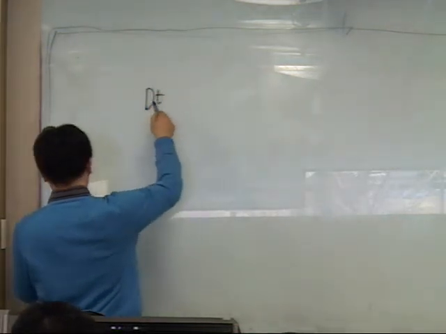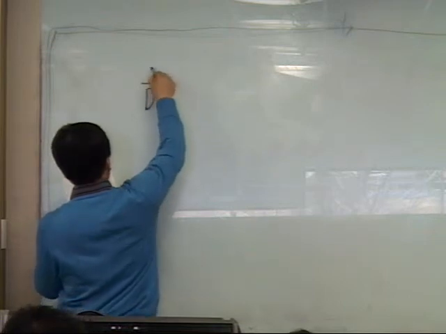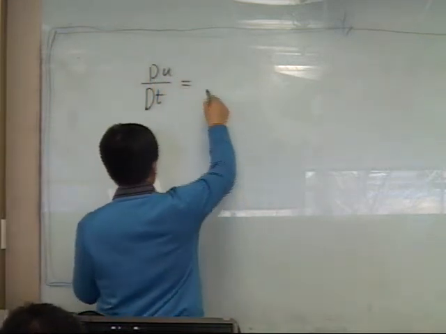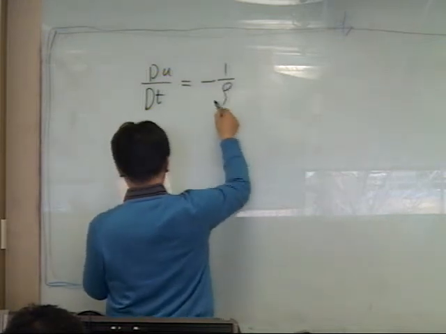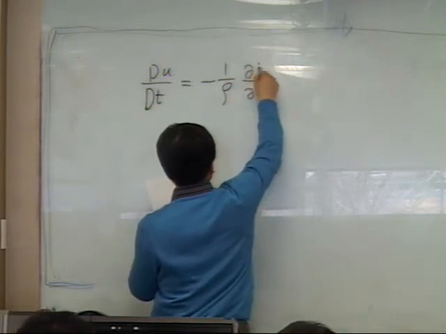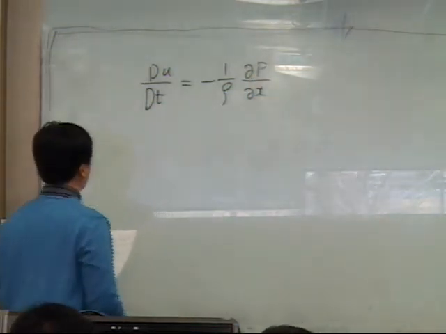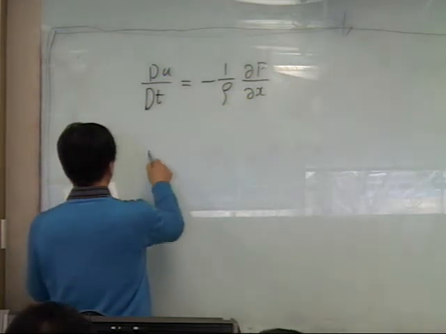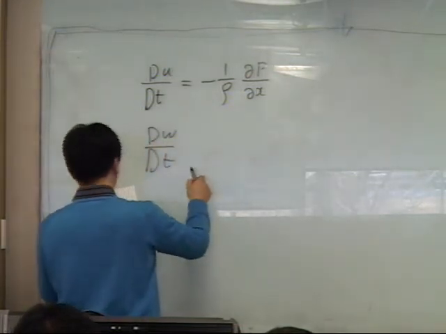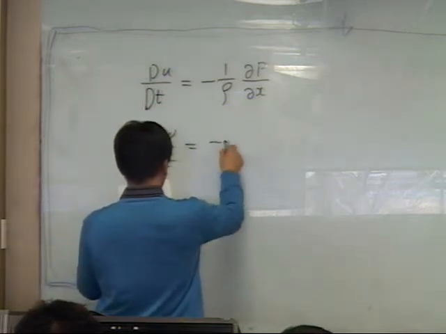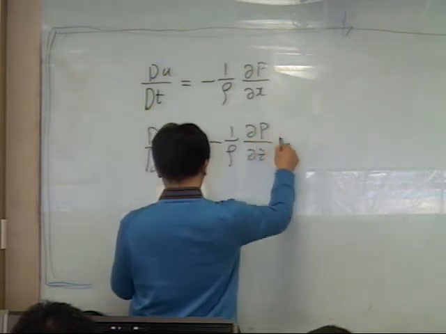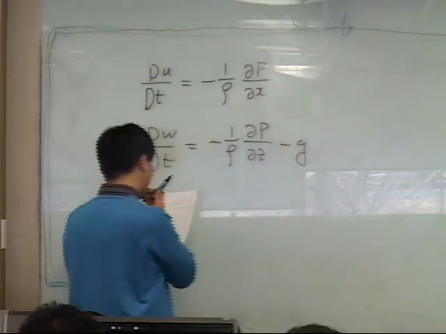So du/dt equals minus 1 over rho times the partial of p with respect to x, and dw/dt equals minus 1 over rho times the partial of p with respect to y, minus g.